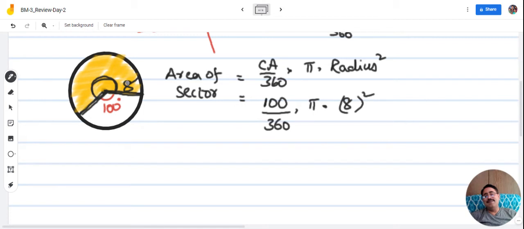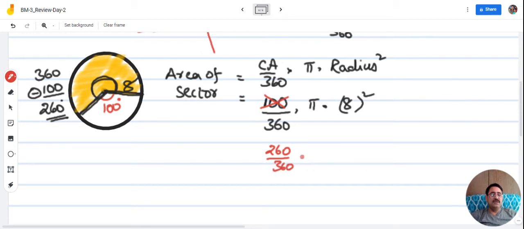But please notice that for the shaded area, the central angle is not 100. The total angle in a circle is 360. Take away this 100, and you get 260 degrees. Therefore, the central angle is not 100, it is supposed to be 260 degrees. You have to avoid this kind of mistake. So it should be 260 over 360, because the total in a circle is 360.